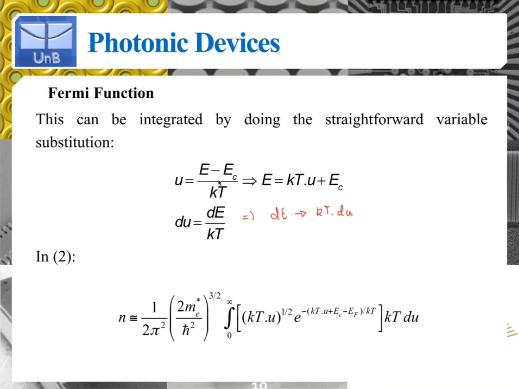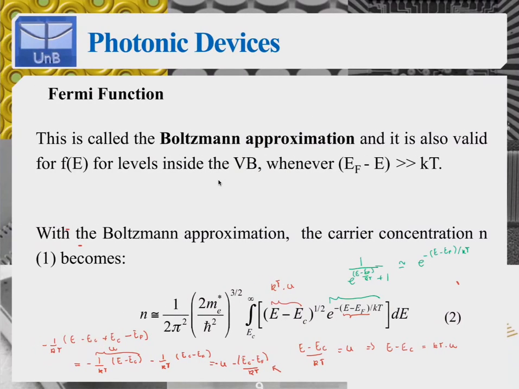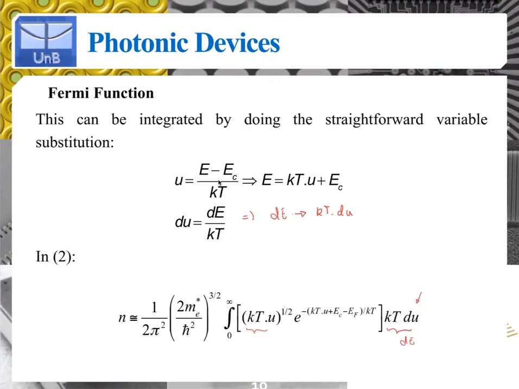Now substituting this, dE was substituted by KT times dU right here. You have the KT times dU, substituting E minus EC here inside the square root, and e to the power of minus KT times U minus EC minus EF over KT right here. Okay, so this is the new integral. Of course, the KT we can take out of this integral. This square root of KT can come out.